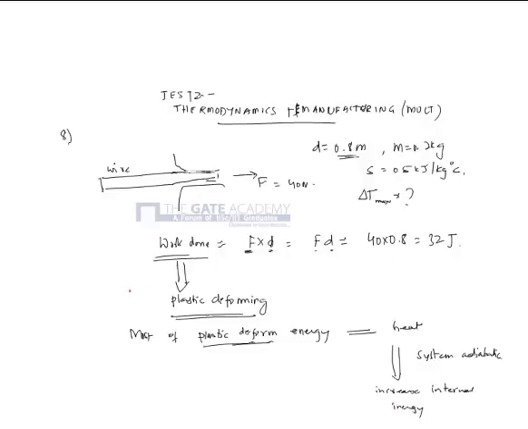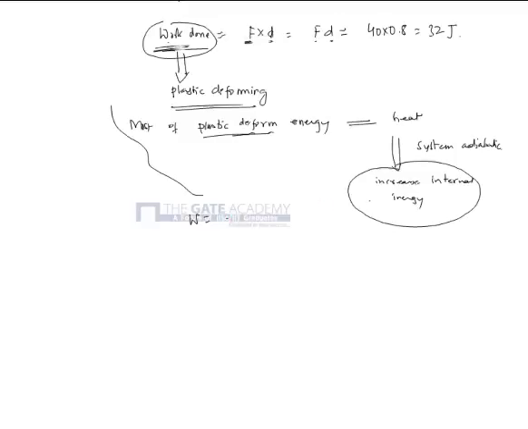So if there are no losses, the total work done will be equal to the increase in internal energy, and the internal energy is nothing but mass into specific heat into the temperature rise. That's why it is called maximum temperature rise, because the entire work done is going into the internal energy without any losses, no adiabatic losses, no change in the kinetic energy, nothing of that sort.